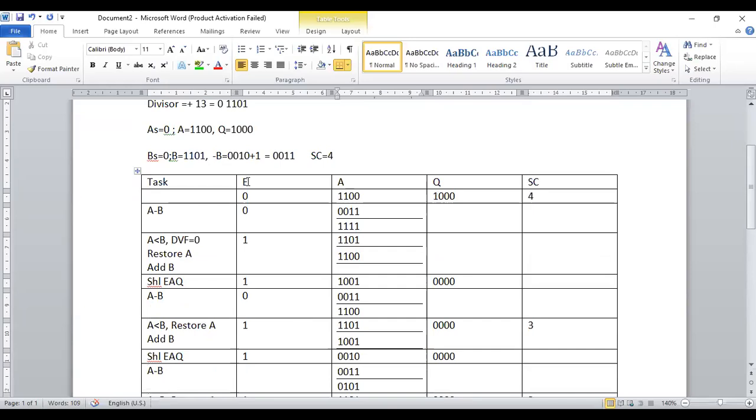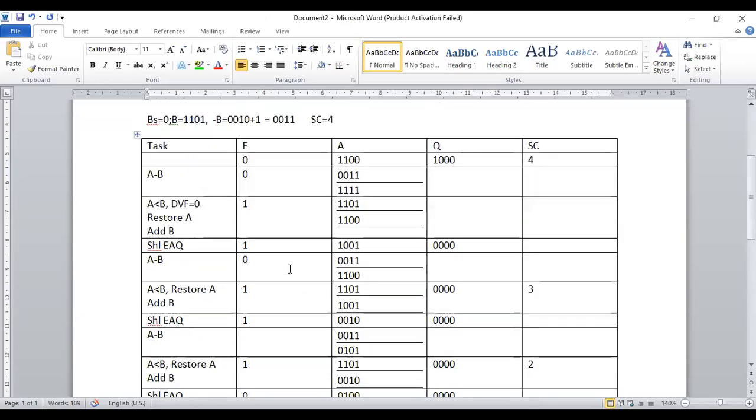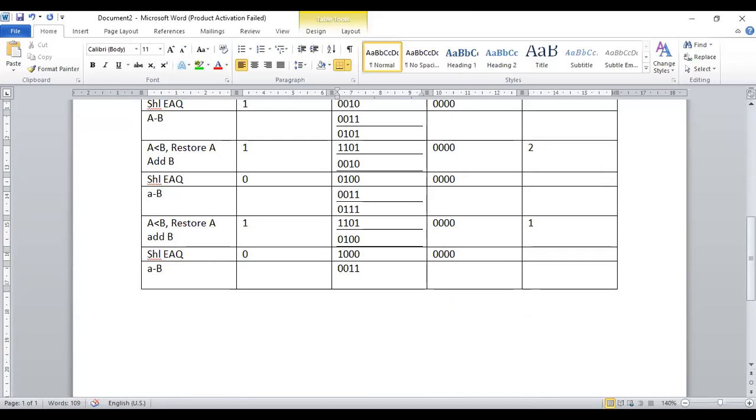Minus B. Are they correct? B is 1, 1, 0, 1. Quotient cannot be 0, no?